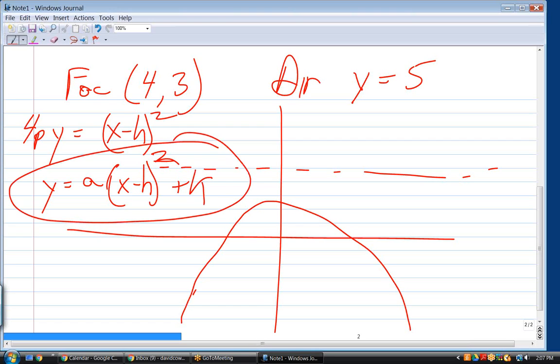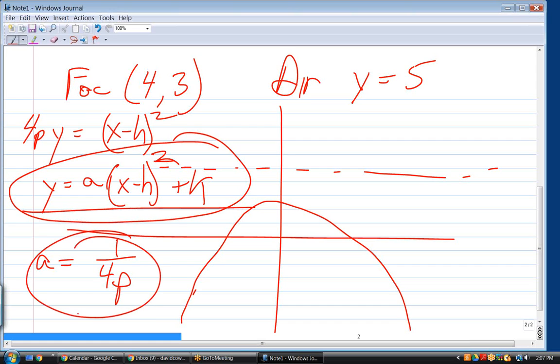And the moment you start studying conic sections, there's a lot more to parabolas than we knew about. There was the focus, there's the directrix, and I think a is equal to 1 over 4p. So you could leave it in this format as long as you told everybody that.